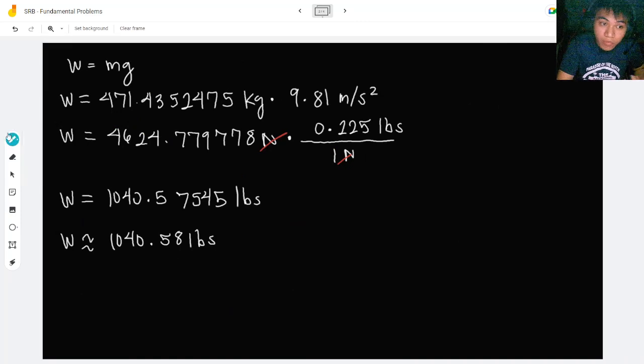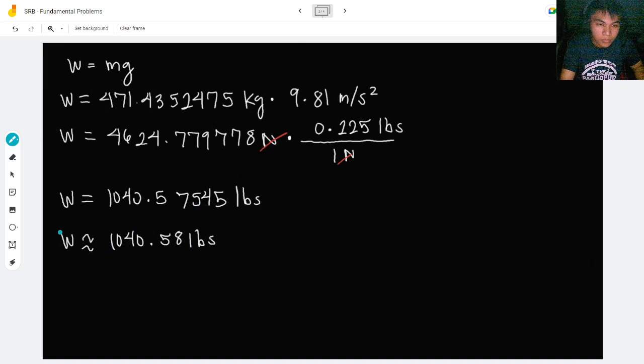So if you were solving with me and you got the same answer, that's nice. But if you have a slight error, let's say you have around 1039, 1041, or maybe even a slight deviation in the decimals, that's okay. This is since we didn't round off our answer until we got the final answer.